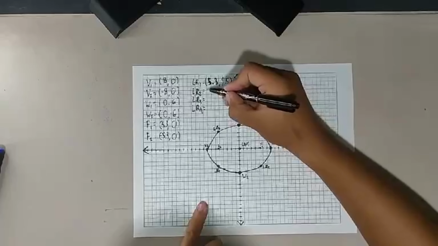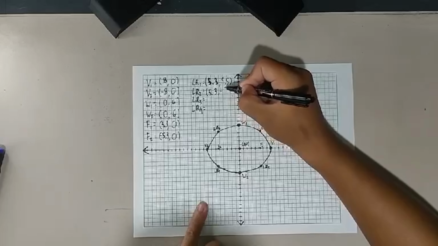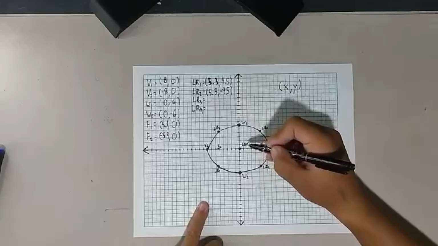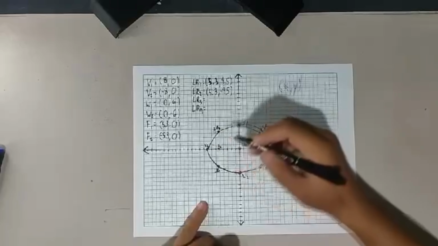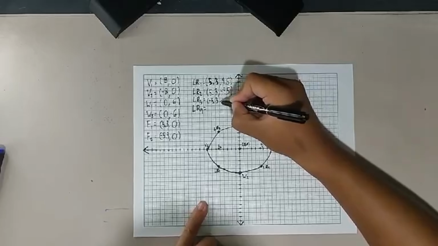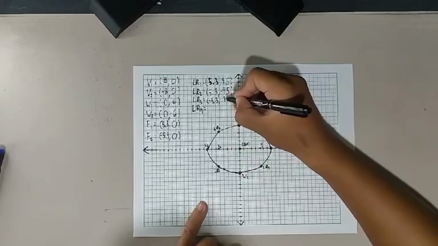Next, LR2 is still positive 5.3, but now its y is negative 4.5. Now the other side, since it's on the left, it's negative, so it's negative 5.3, and the y is going up, so it's positive 4.5.